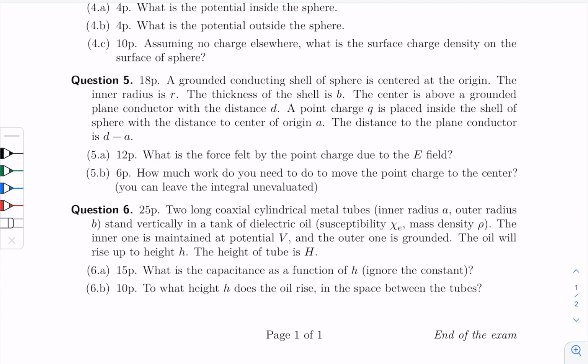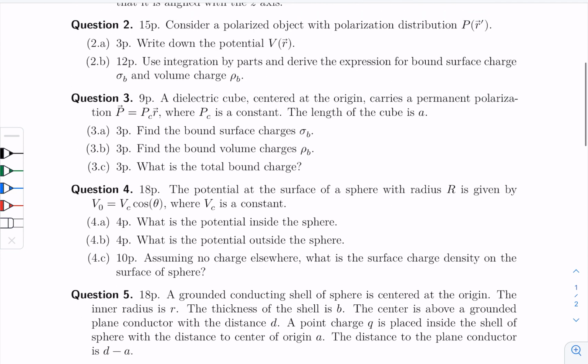And also in question 4. This question is exactly identical to the homework question, right?